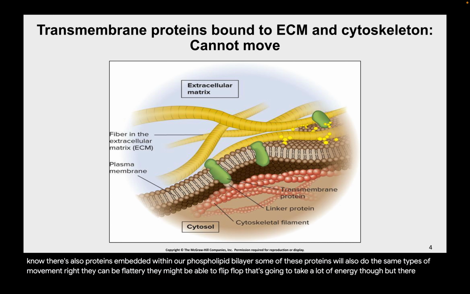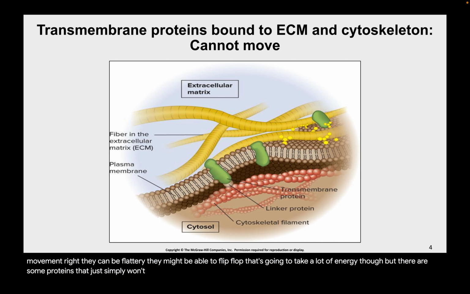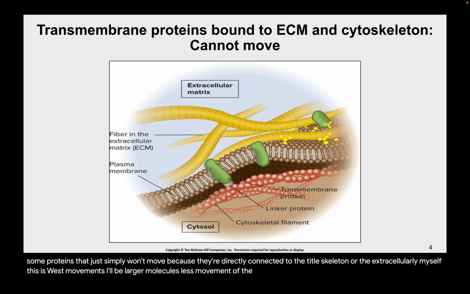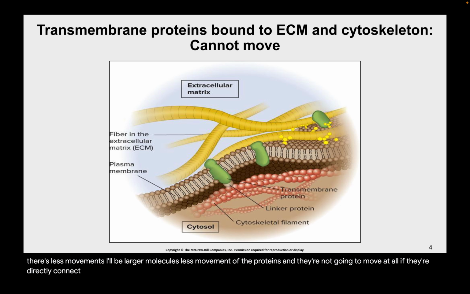But there are some proteins that just simply won't move because they're directly connected to the cytoskeleton or the extracellular matrix. So there's less movement of these larger molecules, and they're not going to move at all if they're directly connected to the cytoskeleton or that extracellular matrix.